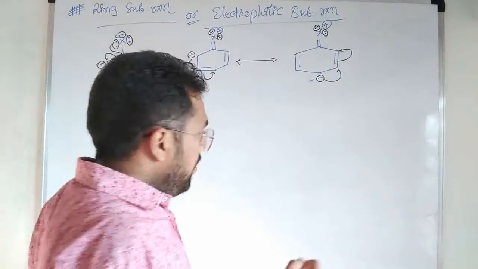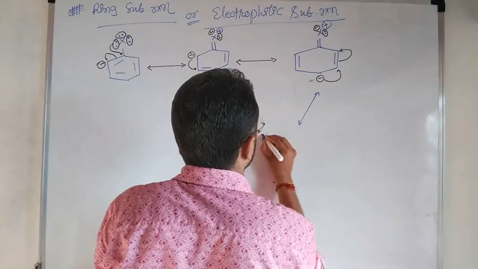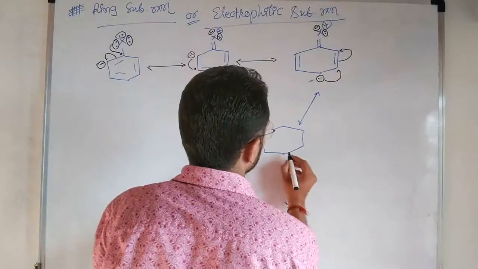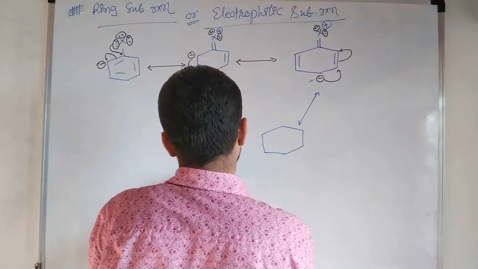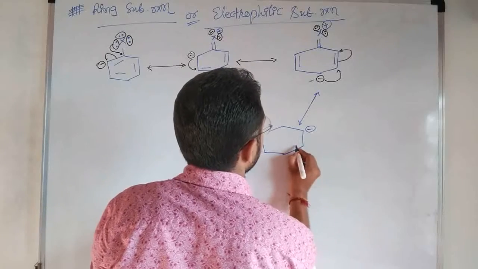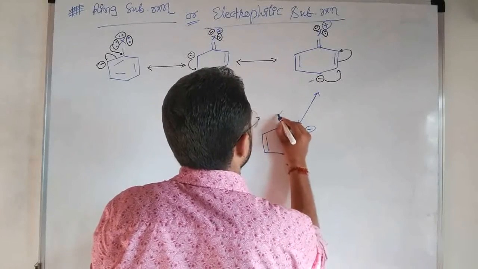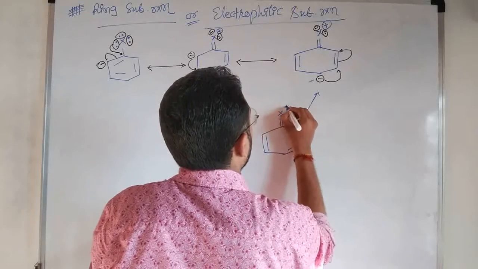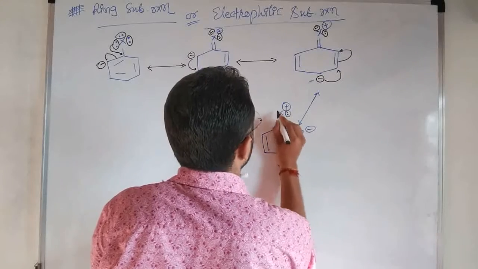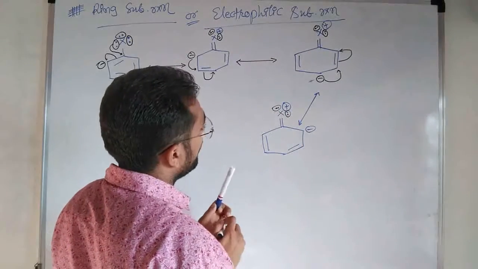Next step, negative charge here and here double bond, with this part containing a positive charge, and here 1 and 2 lone pairs. So what will be next?